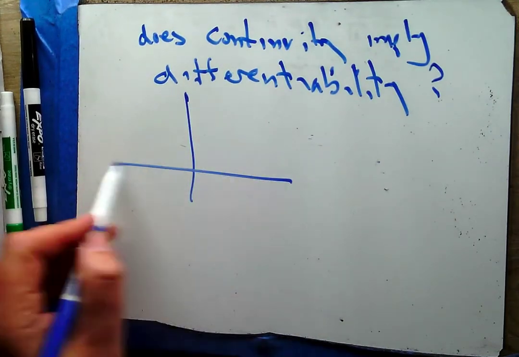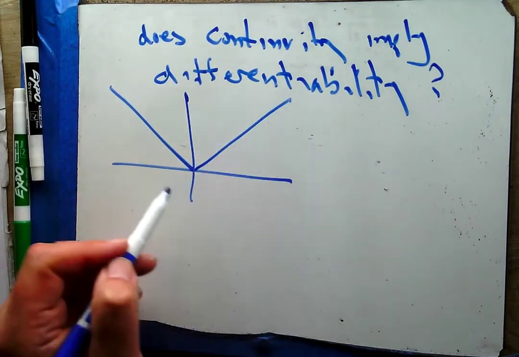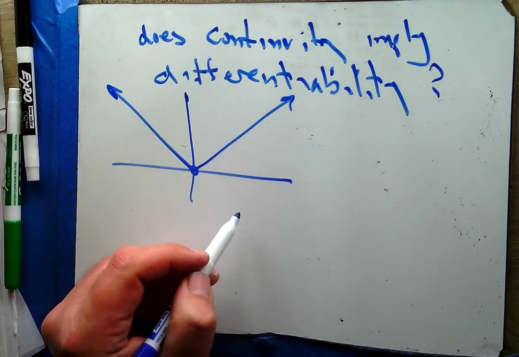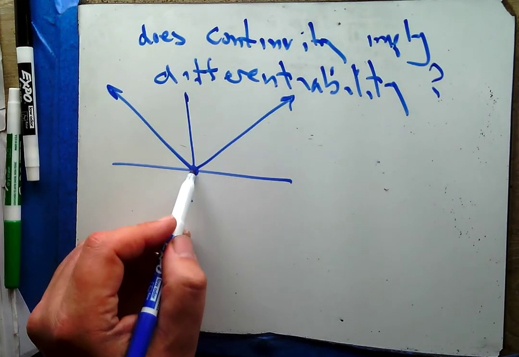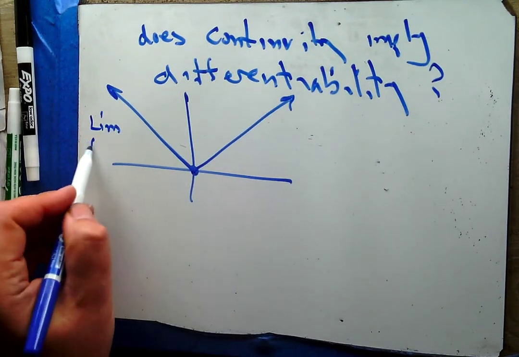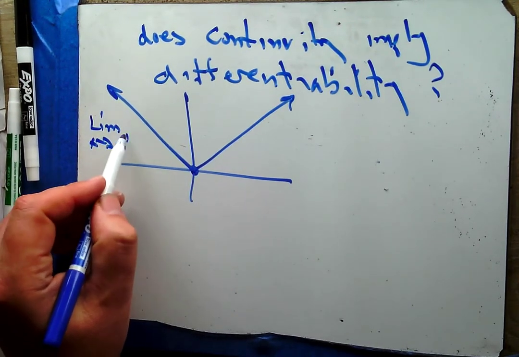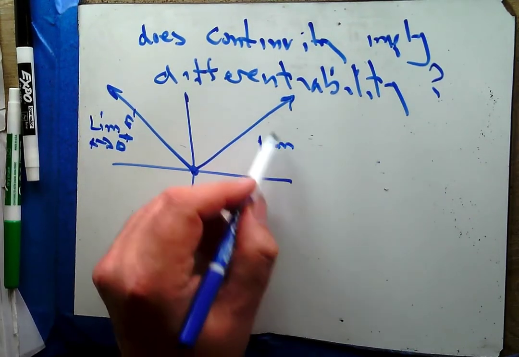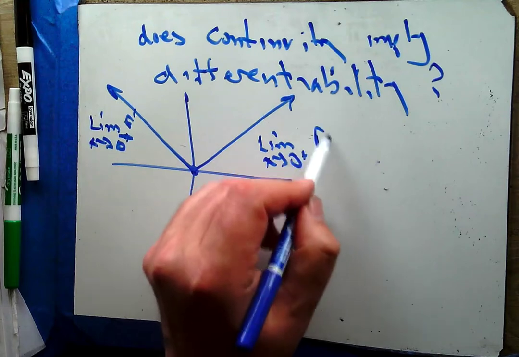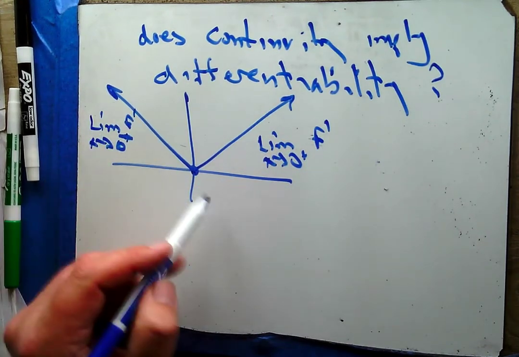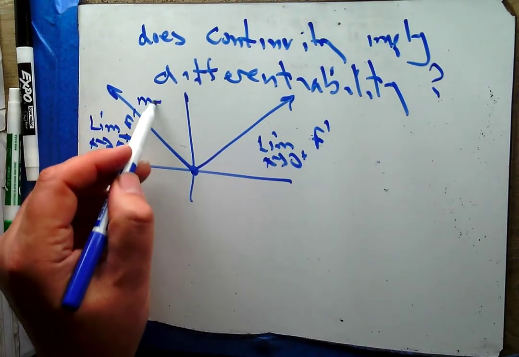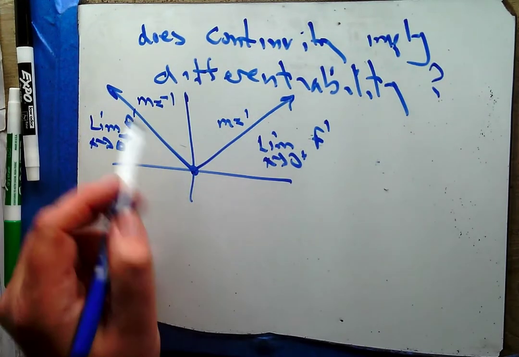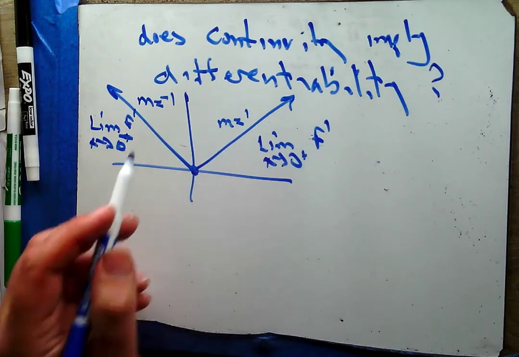Think about y equals absolute value of x, which is certainly continuous at x equals 0, but not differentiable, because the limit as x approaches 0 from the negative side of f prime, and the limit as x approaches 0 from the positive side of f prime, the limit of the slopes, they're not the same. And so this function, while it is continuous, is not differentiable.